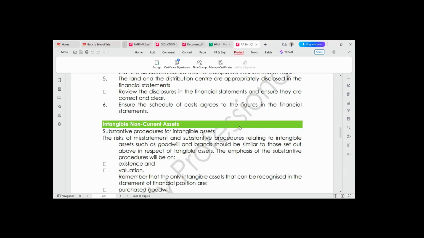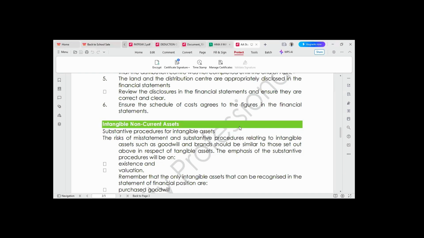Thank you. So the risk of misstatement and substantive procedure relating to intangible assets: we are saying that assets such as goodwill and brands, that is branding, should be similar to those set out above in respect of tangible assets. The emphasis of the substantive procedure will be on what? Existence and valuation.